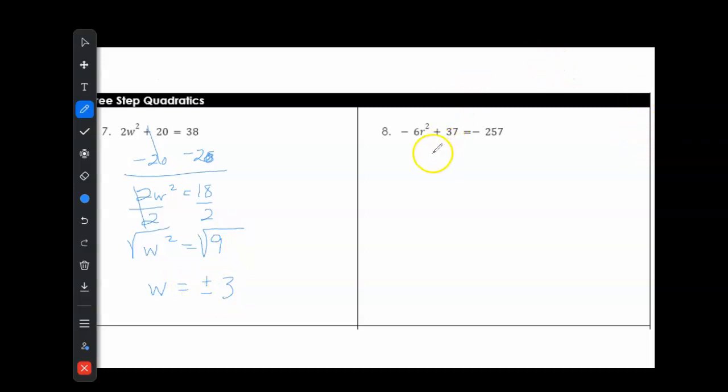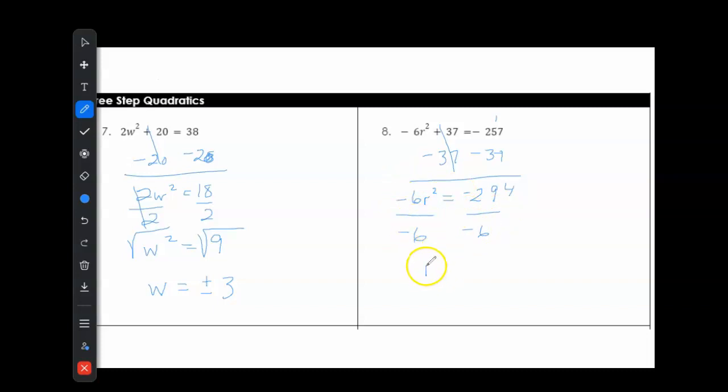All right, let's keep going. Subtract 37, subtract 37. They're both negative, so we need to add them together. So 294 equals negative 6r squared. Divide by negative 6, divide by negative 6.